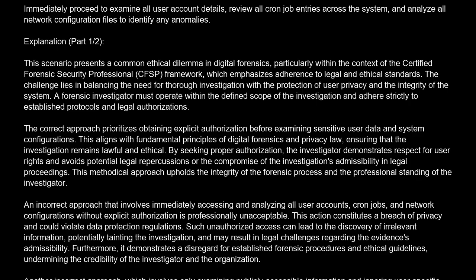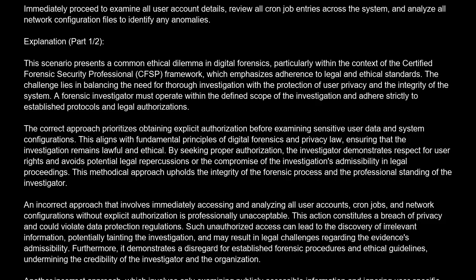This aligns with fundamental principles of digital forensics and privacy law, ensuring that the investigation remains lawful and ethical. By seeking proper authorization, the investigator demonstrates respect for user rights and avoids potential legal repercussions or the compromise of the investigation's admissibility in legal proceedings. This methodical approach upholds the integrity of the forensic process and the professional standing of the investigator.